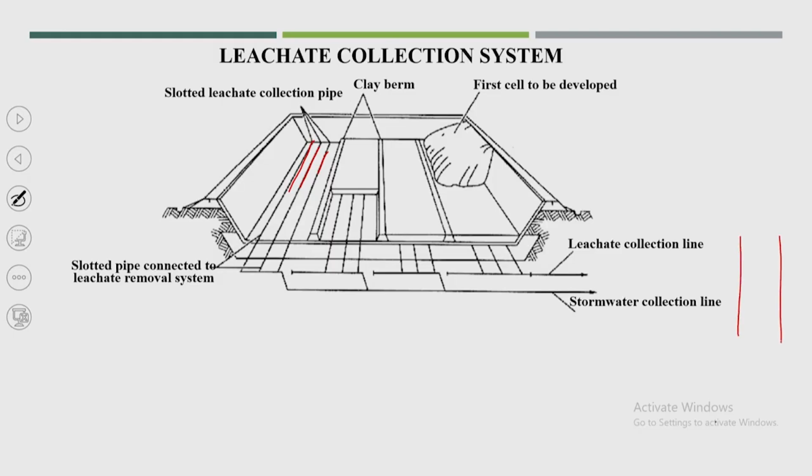Suppose this is a pipe, so the perforations will be of this size, in the top area. Likewise, the perforations will be there so that leachate will enter into the pipes. And finally, all these lateral pipes are attached to the leachate collection line.